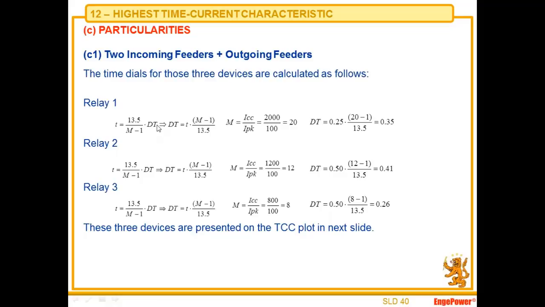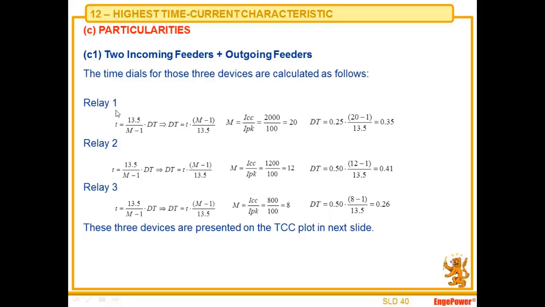This is the time dial. M is the multiple of pickup value. If I want to determine the time dial, I have to multiply the time I have to coordinate times this and divide by this. So this is the equation.